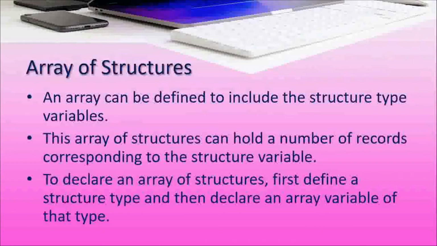So if all the data related to a particular student is to be stored, either we have to create 60 different structure variables in order to store the data of all the 60 students, but it will be easy if we can create an array of structures and using the index of that array we can access each element.